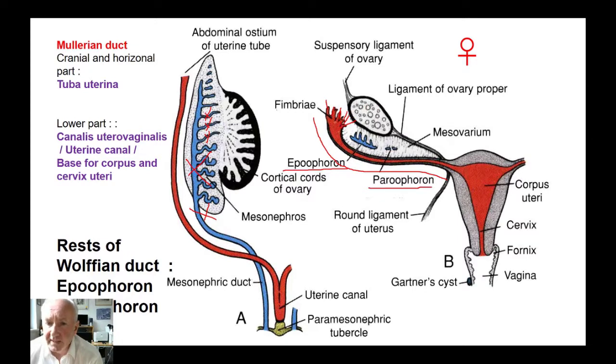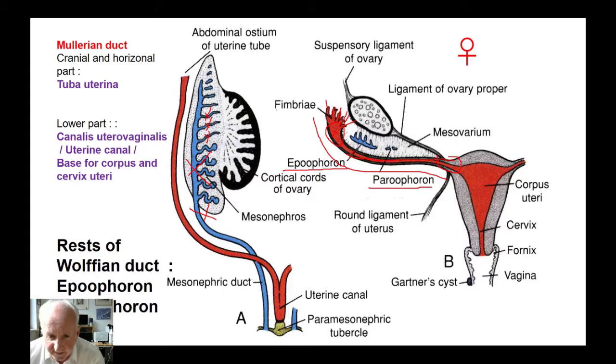The ampullary part of the uterine tube is where fertilization of the oocyte happens in humans. Then the isthmus of the uterine tube and the pars uterina of the uterine tube, in the wall of the uterus.